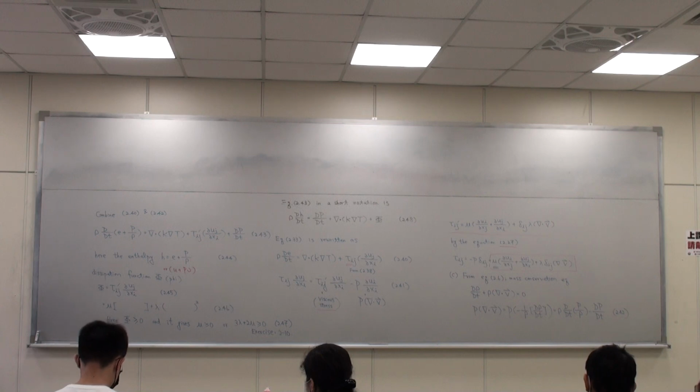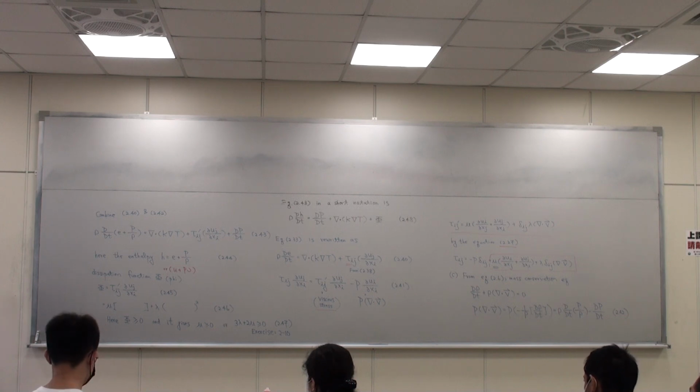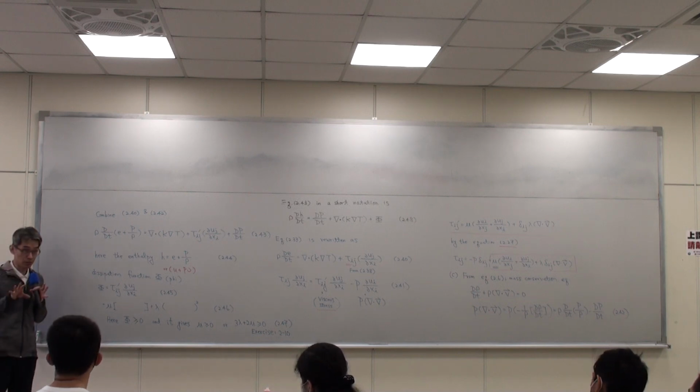Okay, so supposedly we should use these governing equations to solve some particular problems. Usually the particular problems are like Couette flow or Poiseuille flow, or different kinds of boundary conditions.